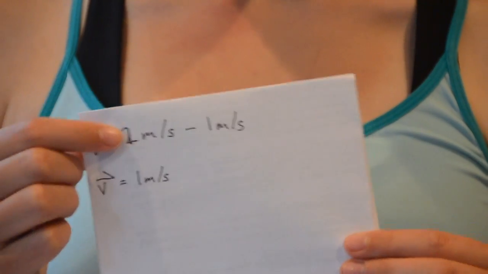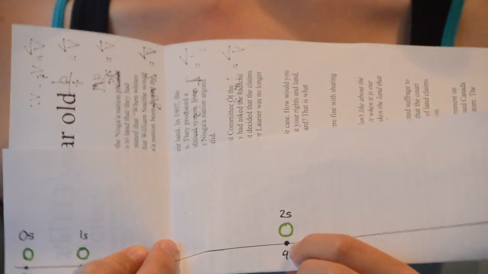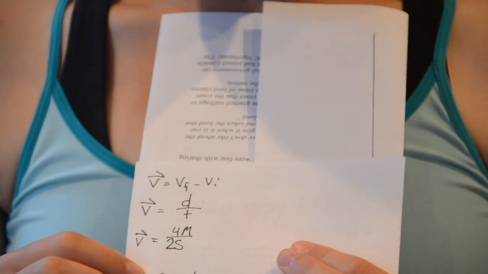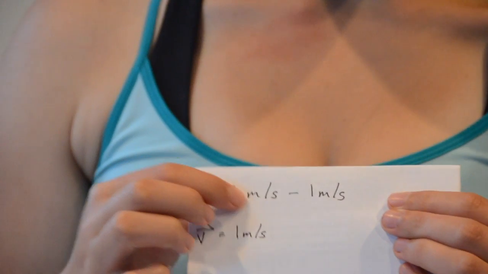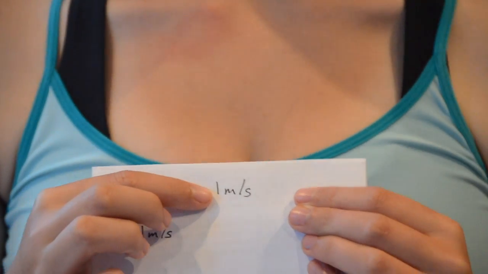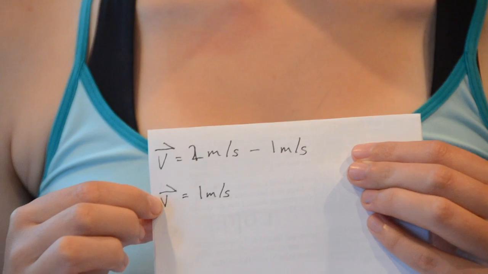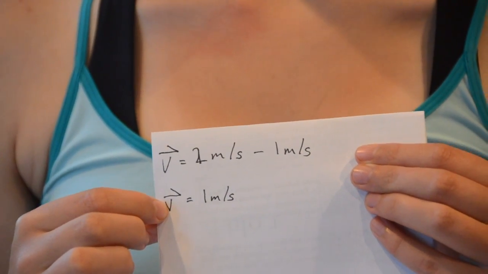So our final velocity was 2 meters per second, even though it was 2 seconds in 4 meters, we got it down to meters per second, which is 2 meters per second. So 2 meters per second minus the initial velocity, which was 1 meter per second, and you come down to 1 meter per second is your change in velocity.